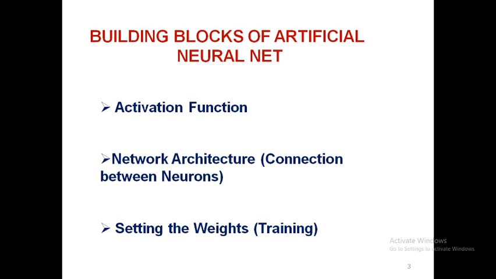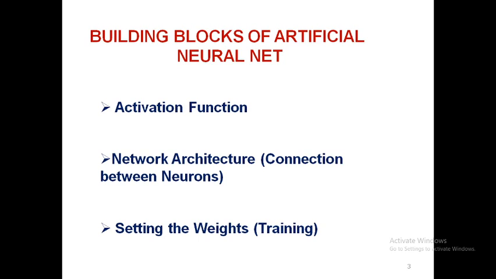Coming to the building blocks of the artificial neural network, mainly these three are the building blocks of the ANN. One is the activation function, another one is the network architecture. Network architecture means how the neurons are connected.